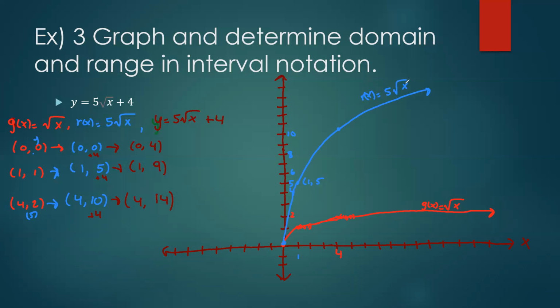And then lastly, this one. (0, 4) is right here, (1, 9) is right here, and (4, 14) is here.